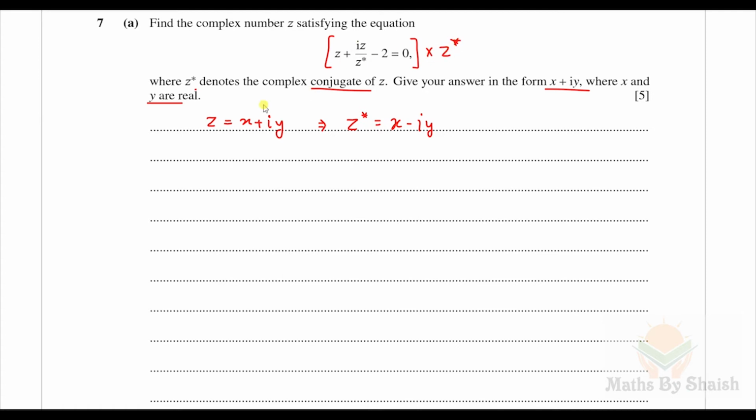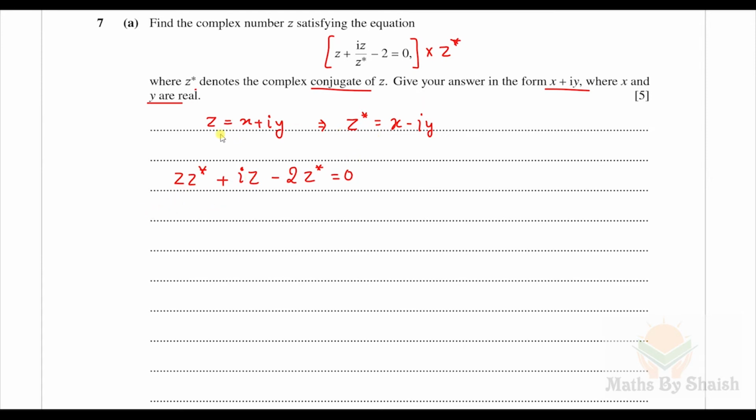If we multiply the whole equation by z star, we will get z into z star plus iota times z minus 2 z star is equal to 0 into z star, that is 0 only.